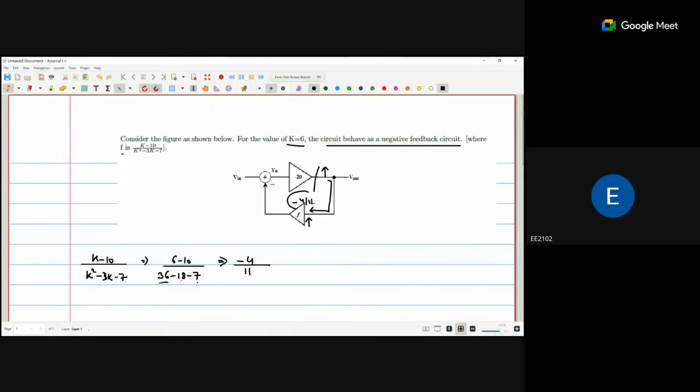If it is multiplied with the negative, it becomes positive, and positive and Vin voltage both will be added, so the signal will be positive. Now if this positive is multiplied with the minus 4 by 11, a negative number, we get a negative value.